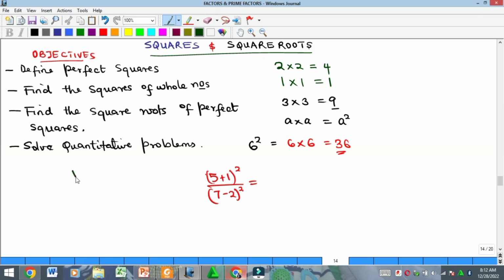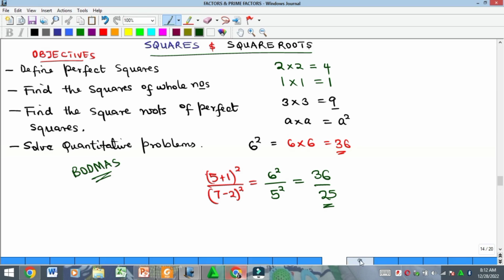Remember the order of operation: bracket comes first, then of, then division, multiplication, addition, and then subtraction. This is BODMAS. So 5 plus 1 is 6, and then squared, all over 7 minus 2 is 5, then squared. And so this is going to give us 36 over 25. So when you simplify this, what you have is your solution.